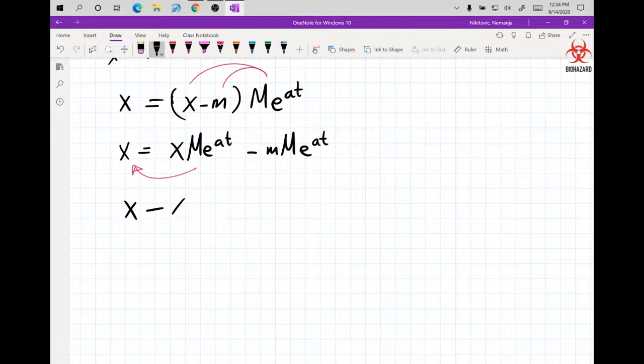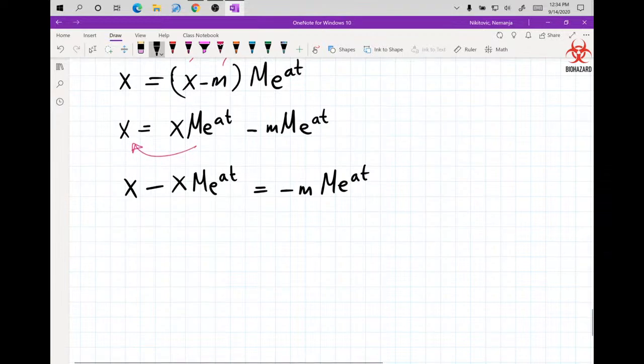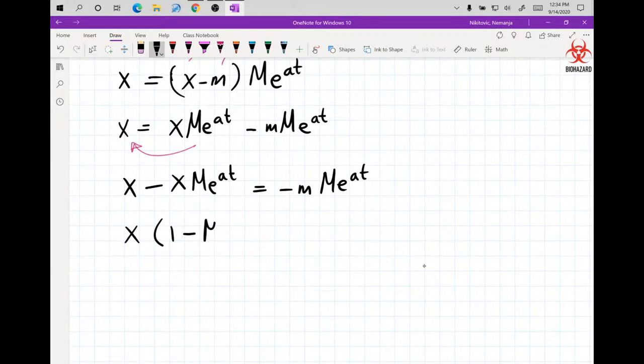So x minus x meat is equal to negative m meat. And now when I factor out x, I get 1 minus meat, equal to negative m meat.